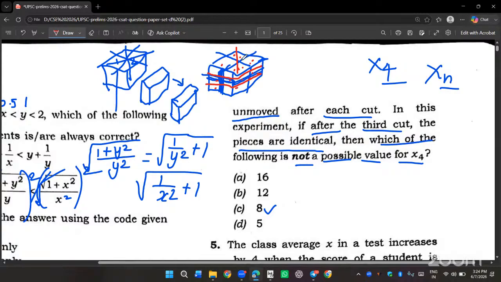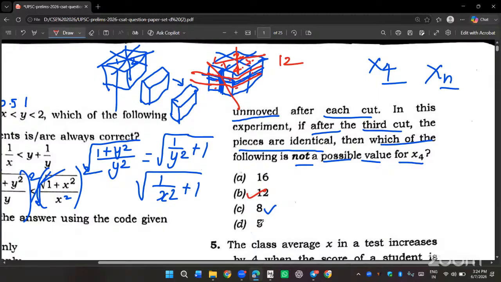Three layers of 12, four pieces in one layer: 1, 2, 3, 4. First layer, second layer, third layer. So 12 pieces, I can get identical. But I should not cut here, here, in any direction.